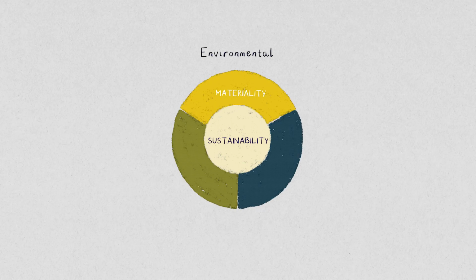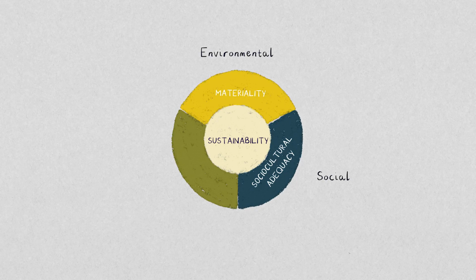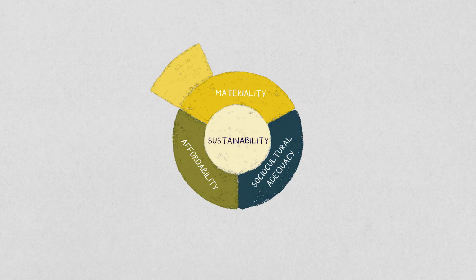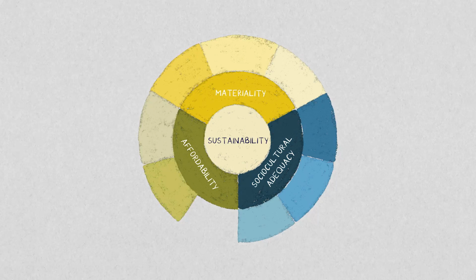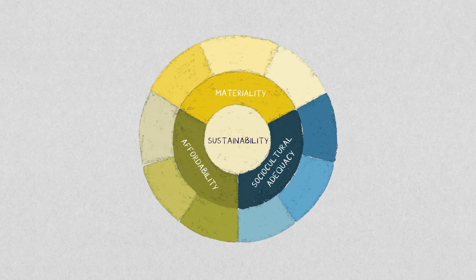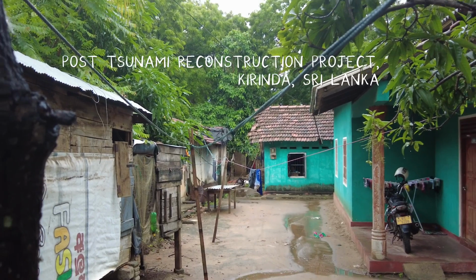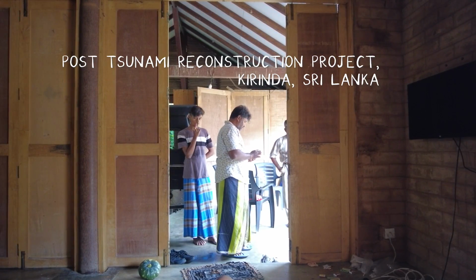Aspects of social sustainability in housing design are grouped under socio-cultural adequacy, and economic sustainability is in the course referred to as affordability. These notions of materiality, socio-cultural adequacy and affordability will be elaborated in the following lectures of this course. A close examination of case studies reveals that there are different ways to achieve those goals.